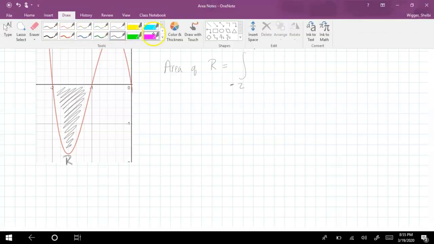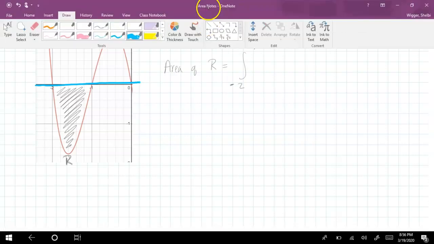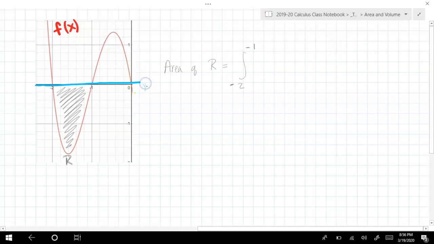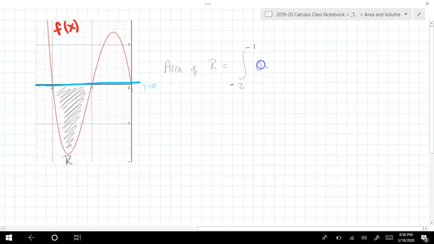Now our top function is the x-axis. So we're finding the area between the curve and the x-axis. So the top function has the equation y equals 0. So top function minus bottom function, dx. So when we've seen this, that negative has come out front.